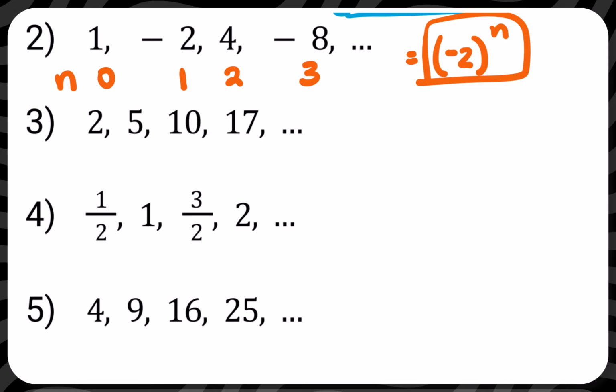Okay, I'm going to show you a little trick. It's called first difference and second difference. Now, I'm not writing the whole 1, 2, 3, 4 yet because I'm going to show you something. All right, so 2 plus 3 is 5. 5 plus 5 is 10. 10 plus 7 is 17. Now, you see this is called the first difference.